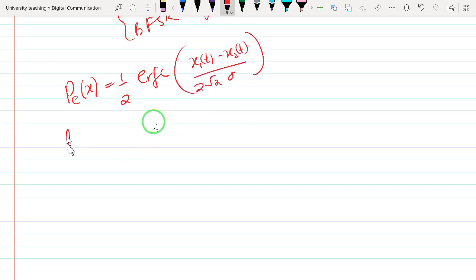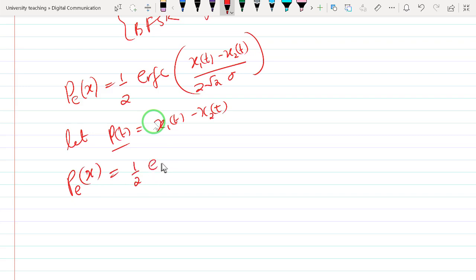And now we can say let p of t be equal to x1 of t minus x2 of t. So replacing this in our equation, the probability of error of our received signal x is given by ERFC, or complementary error function, which is also the one we refer to as the Q function, of p of t all over 2 root 2 sigma.